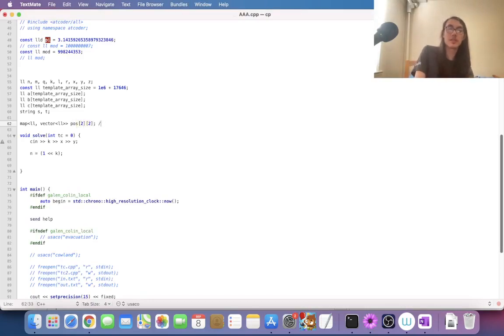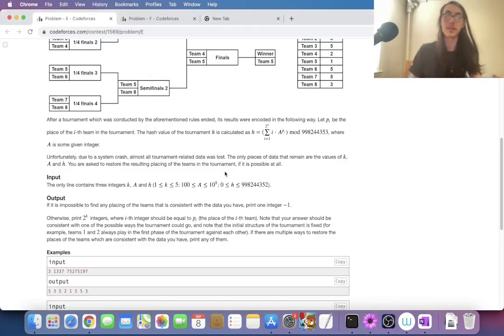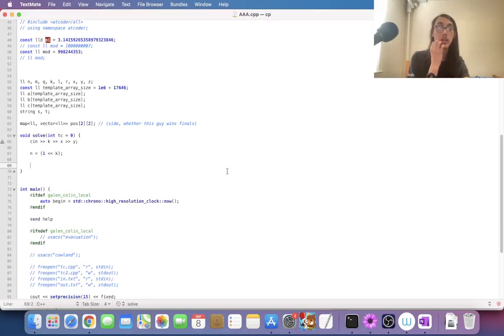So the first dimension, so these two things are like, the first is whether, actually I'll switch the order. The first is the side, so is it the top or bottom, and the second is whether the representative from that group wins the finals.